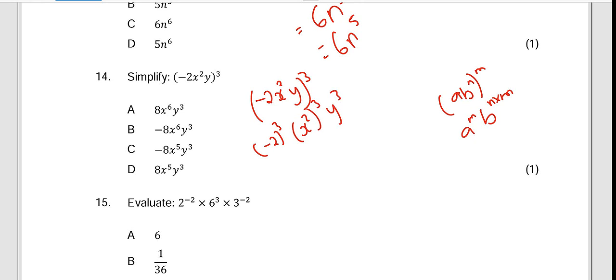And then minus 2 in brackets to the exponent of 3 is negative 8. And then x, 2 times 3 is 6, y to the exponent of 3. What's the correct answer there? Is B.